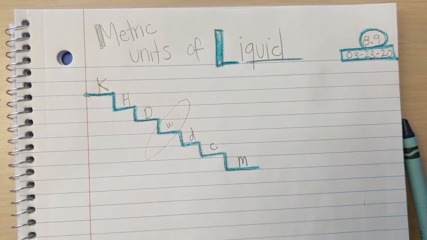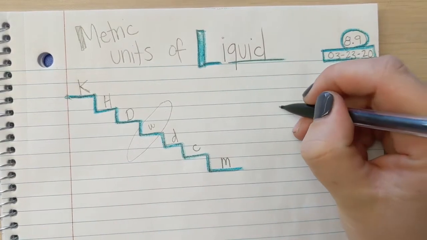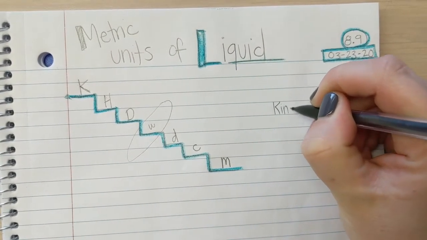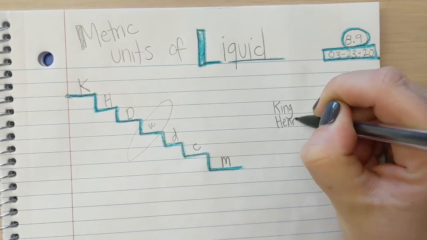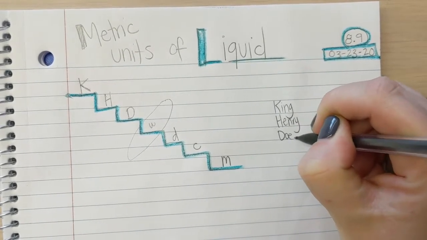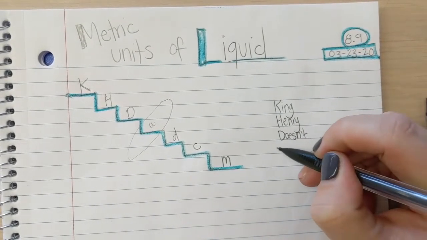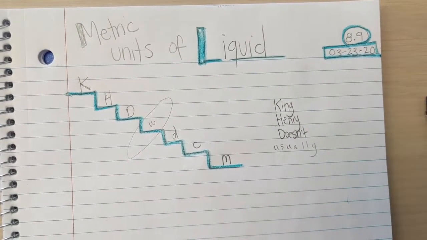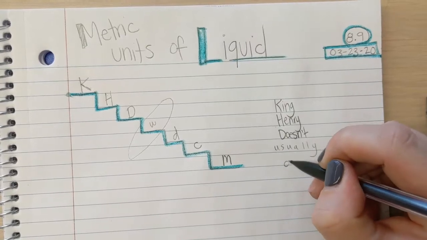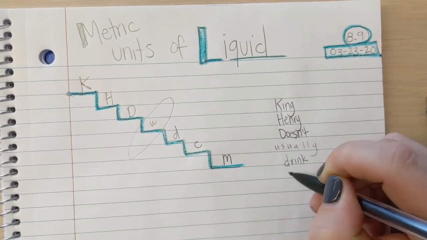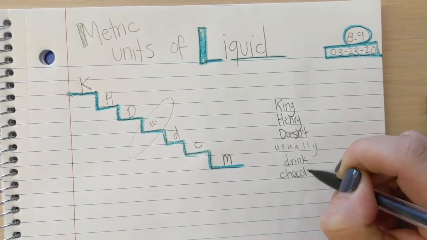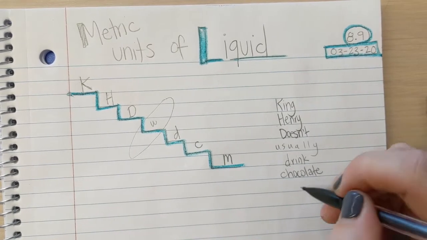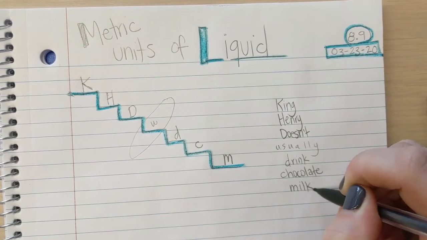Okay, so the fun saying, again, we're going to write it off to the side, is King Henry doesn't usually. Look how those are capitalized. And then usually is going to be spaced out, written a little bit differently. And then lowercase, drink, chocolate, milk.